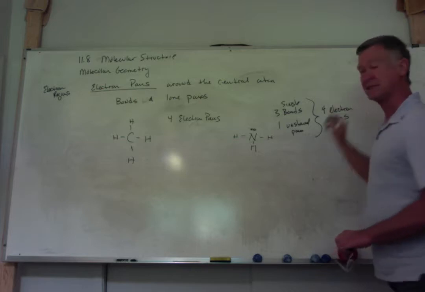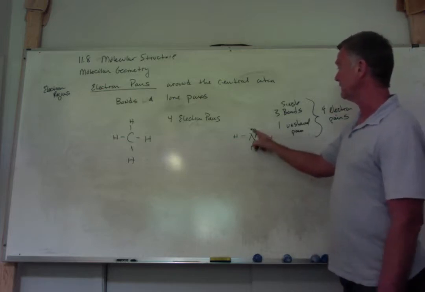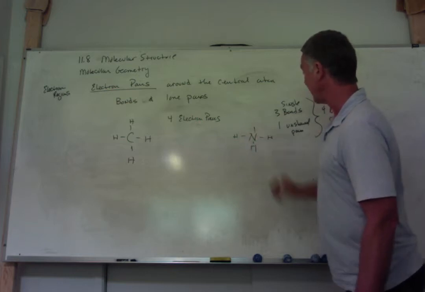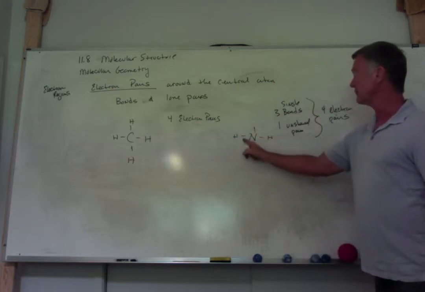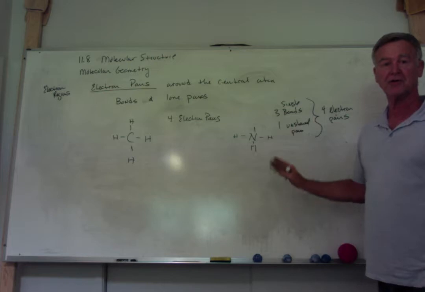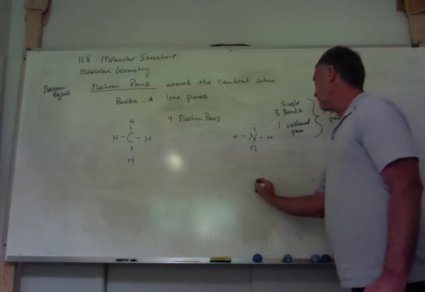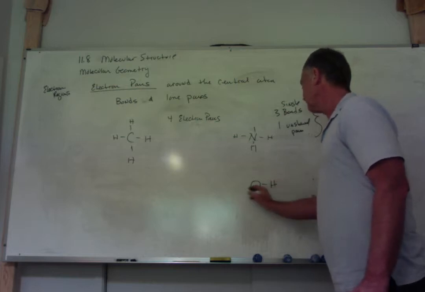I've noticed on some of your homework that you've turned in, some of you leave this off. But it would actually be better probably to write it like that. And there's 1, 2, 3, 4 electron regions. Let's say we have water, which is this.